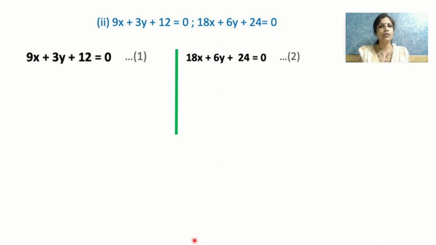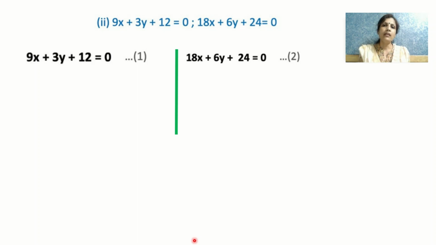Very, very important note: you may be given the equation in any format. You may be given the constant terms towards the right side. Always keep in mind that your equation should always be in the form ax plus by plus c is equal to 0. You will shift the constant term towards the left and equate it with 0.